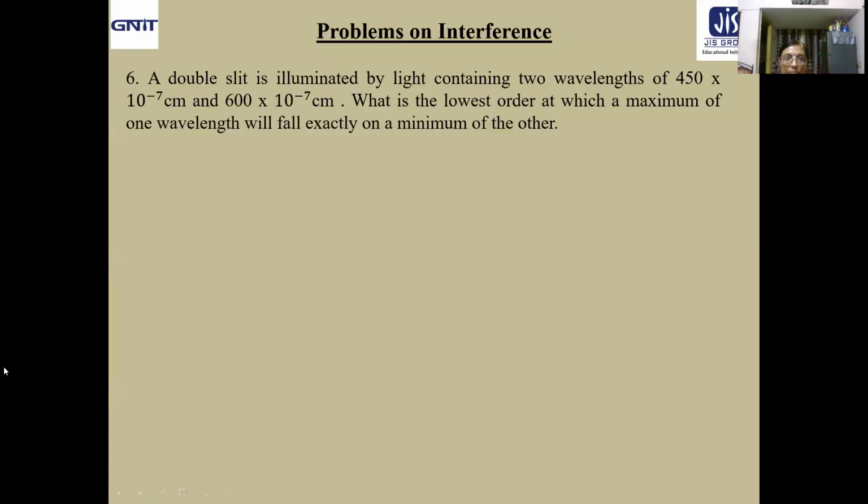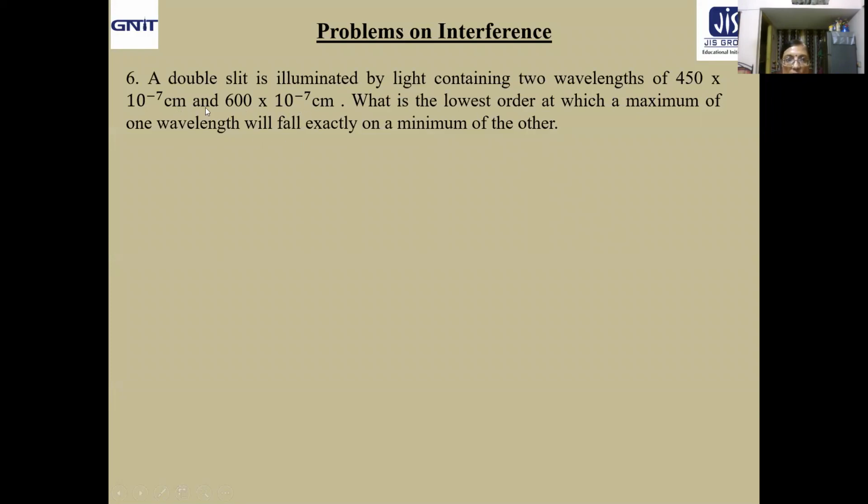Next one. A double slit is illuminated by light containing two wavelengths of 450 into 10 to the power minus 7 centimeter and 600 into 10 to the power minus 7 centimeter. So, a double slit problem, but the light source with which you are working contains two wavelengths.